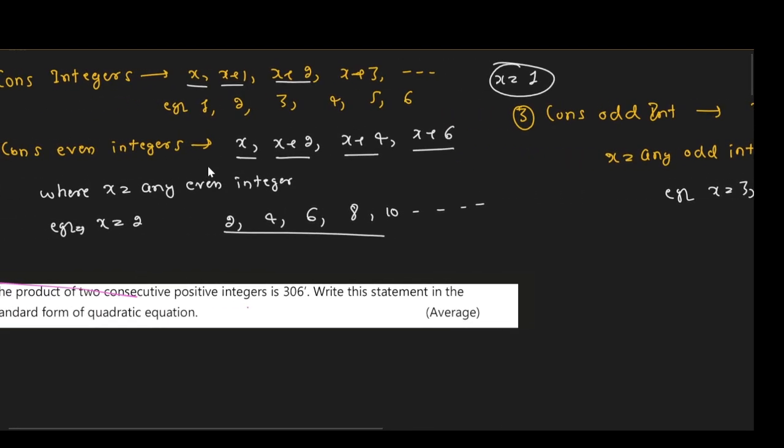If they give only consecutive integers, then there is no gap: x plus 1, x plus 2, x plus 3, like that. But if they mention even or odd integers, for both you can take x, x plus 2, then jump by two more, x plus 4, then jump by two more, x plus 6. The only difference is x should be even for consecutive even integers and x should be odd for consecutive odd numbers.